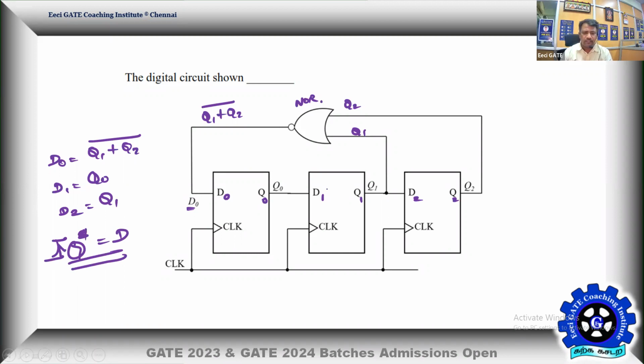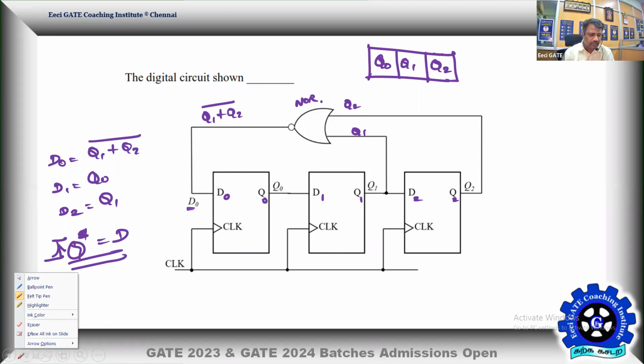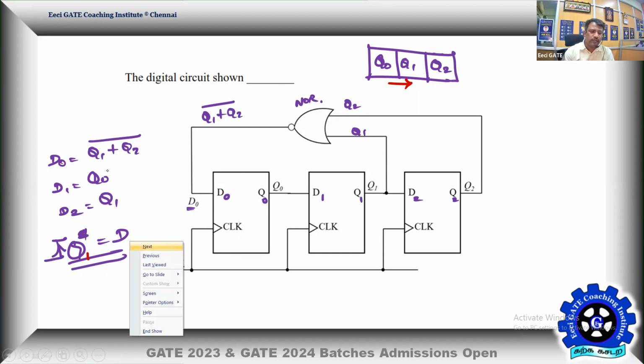Now you can also perceive the problem like this. It is like a register, so you can have 3-bit content in the register. The first is Q0, the second is Q1, and the third is Q2. Based on the characteristic equation of the D flip-flop, Q0 data goes to Q1 because D1 is connected to Q0, so Q1 star is equal to D1, which is Q0.